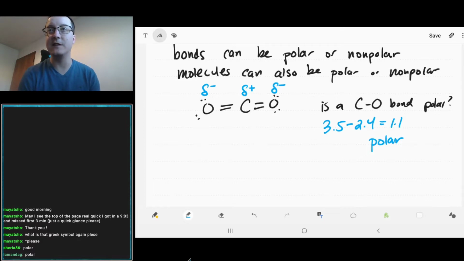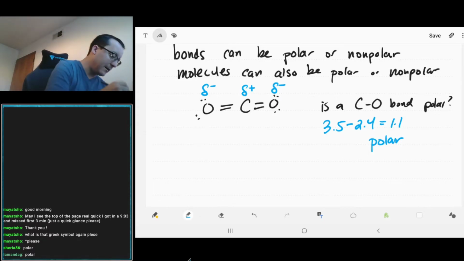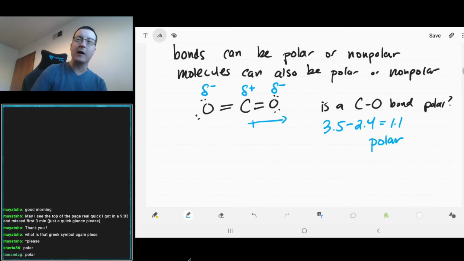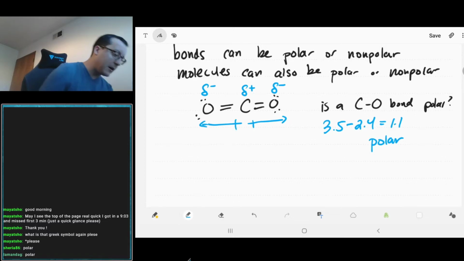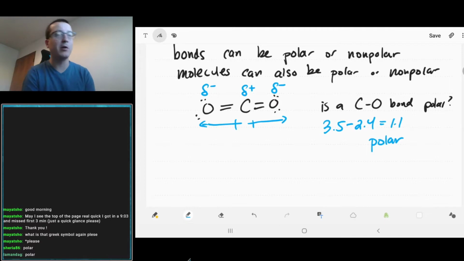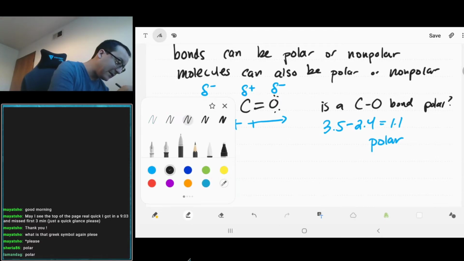I know that sounds very strange, but if we draw where the electrons are going, we can see that carbon's electrons are being pulled in either direction. Overall, these will cancel each other out.